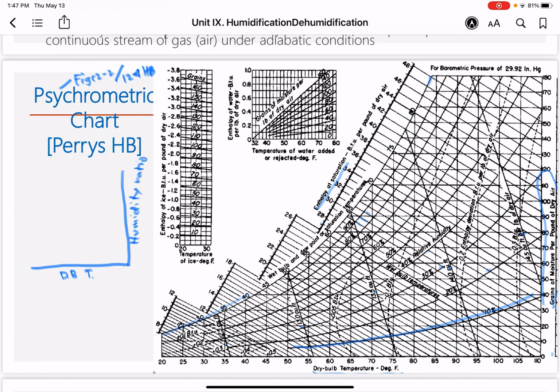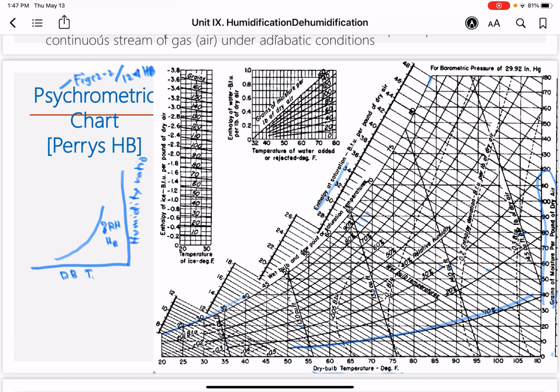Okay. The curved lines inside is your relative humidity. So this is your percent RH, or sometimes H sub R. Okay?